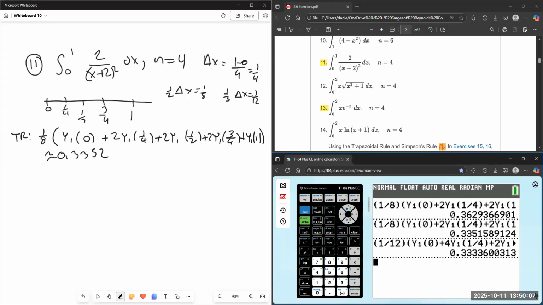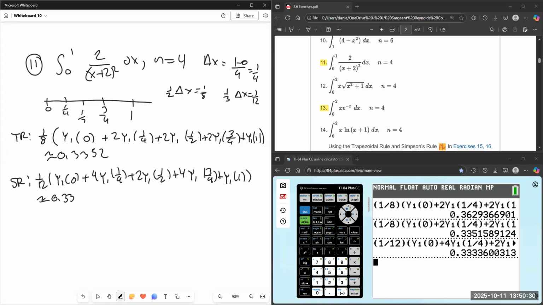And Simpson's rule, which is 12th times y1 at 0 plus 4y1 at a quarter plus 2y1 at a half plus 4y1 at 3/4 plus y1 at 1, is approximately 0.3334. Our actual value is the integral from 0 to 1 of 2 over x plus 2 squared dx, which is 2 times the integral from 0 to 1 of x plus 2 to the negative second dx.